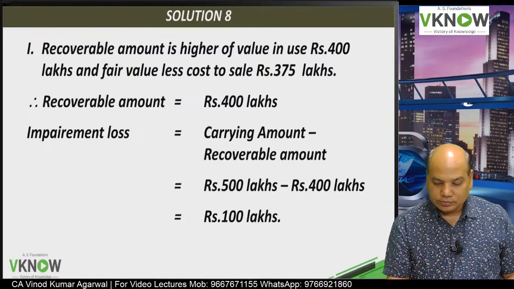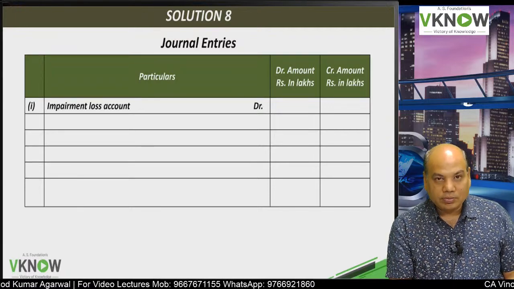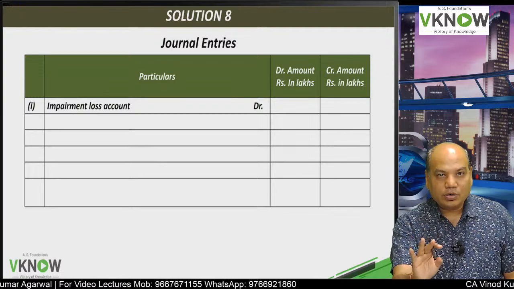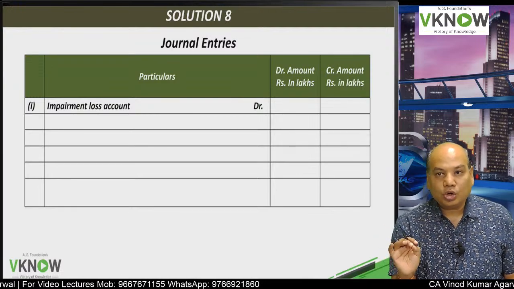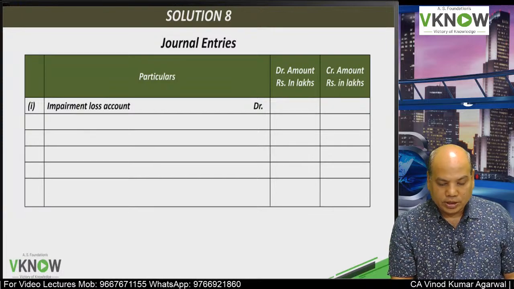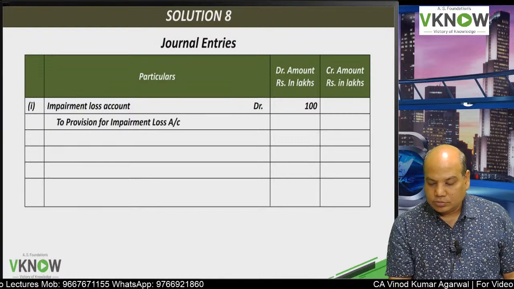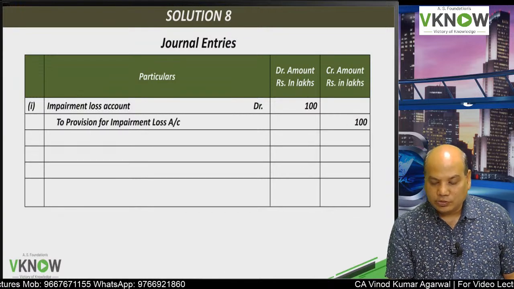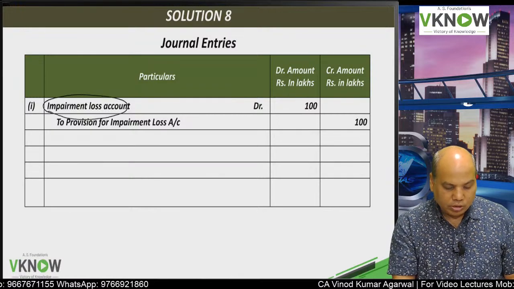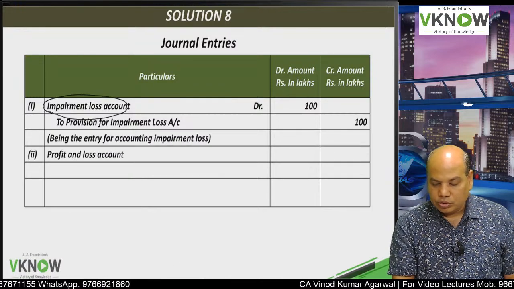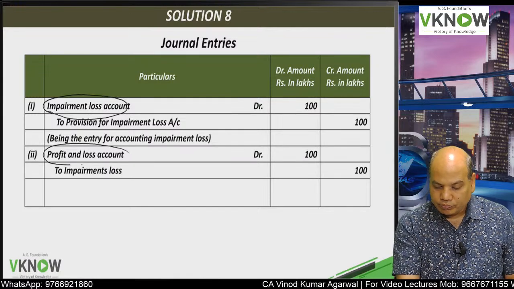This is right. Second question is journal entries. Journal entry number 1: is it a revalued asset or a non-revalued asset? It is a non-revalued asset. So my entry would be impairment loss account debit to provision for impairment loss 100, and this impairment loss we are going to transfer to P&L account.